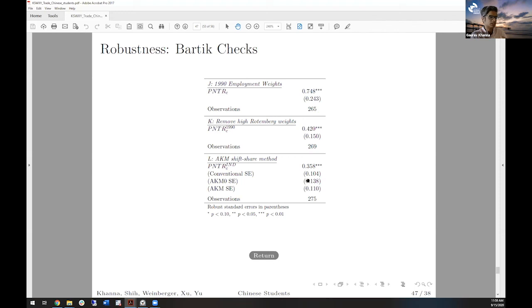So if 90% of your cities were producing footwear, then you don't have so many independent observations, really. So the more variation you have in the distribution of which cities are producing what products, the better in terms of the standard errors.